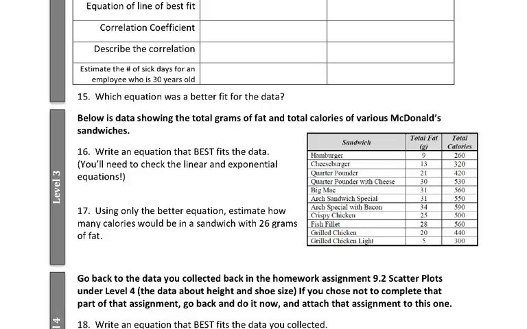So you'll need to look at both the linear correlation coefficient and the exponential correlation coefficient. Decide which one of those two equations is best, and write that equation here for question 16. Then using that equation, you want to figure out how many calories their new sandwich is going to have if it has 26 grams of fat.